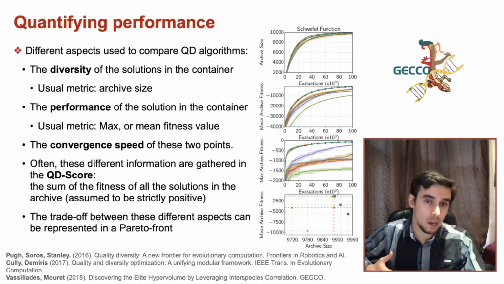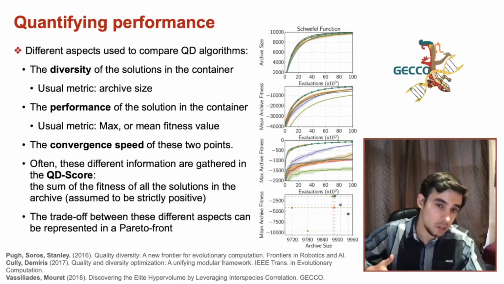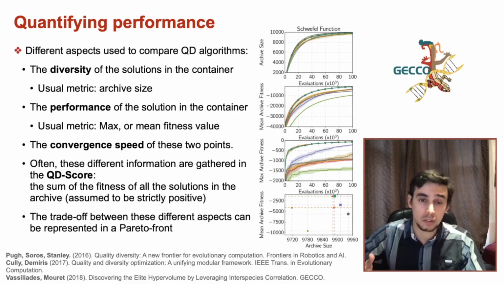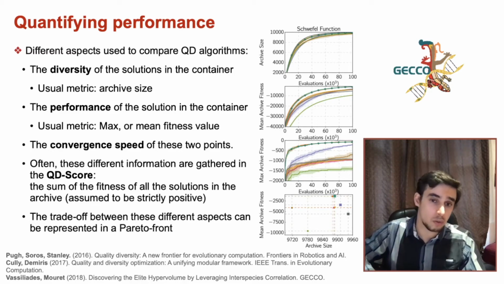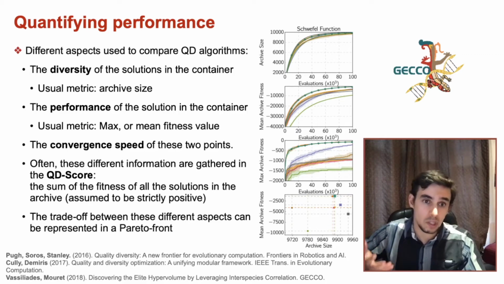Because both the grid container and the unstructured archive container impose a minimal distance between the solutions, either thanks to the grid mechanism or thanks to the L distance, if we have a large number of solutions in the container, this means that we have large coverage of the different types of solutions that exist. So this means that we have a high diversity. This is the kind of values that you can see in the archive size graph here.